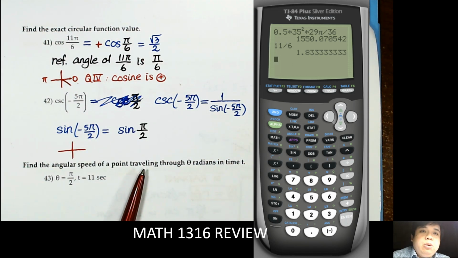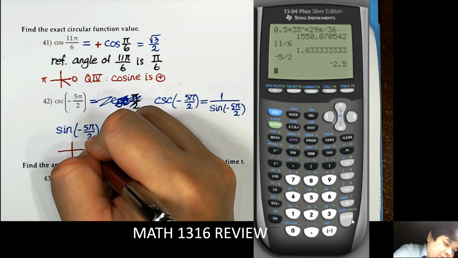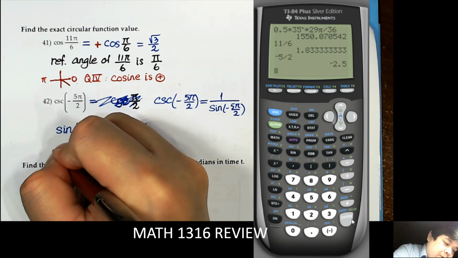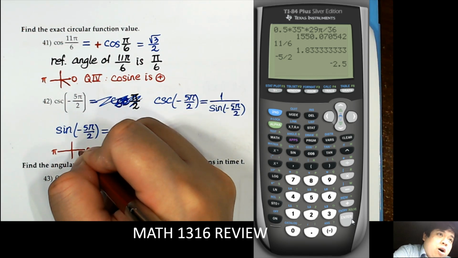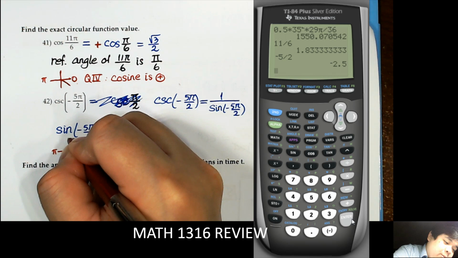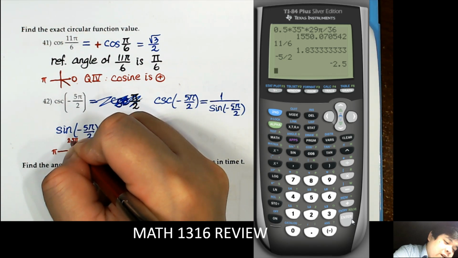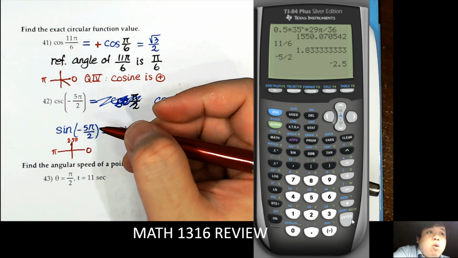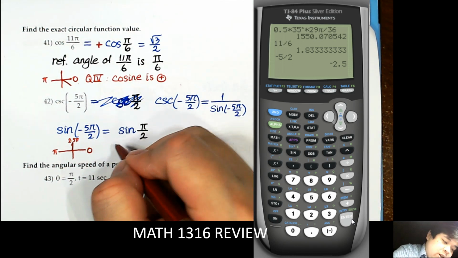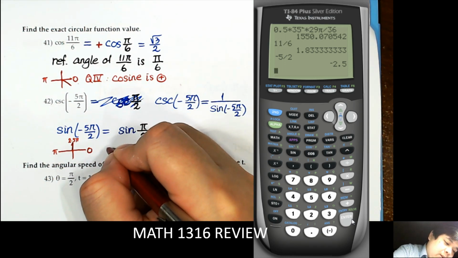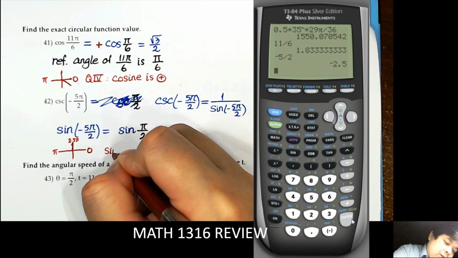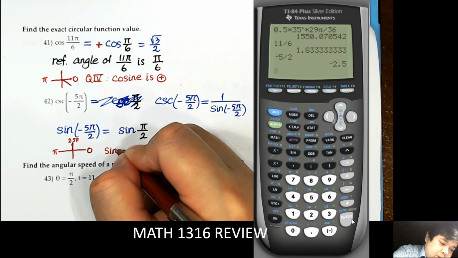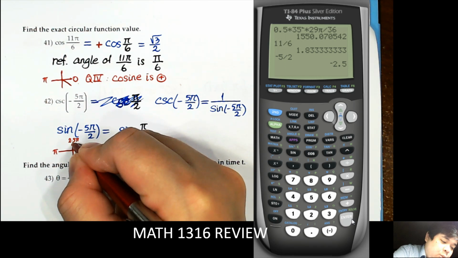Negative 5 over 2 is negative 2.5, so 0, pi, back to 2 pi, and 2.5 pi is right there. So right there y is positive, so sine is positive.